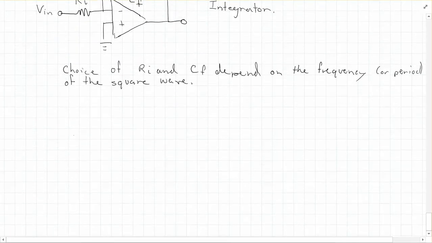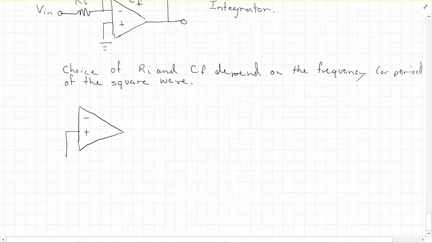So what do we have here? We have our first OpAmp, minus, plus. Oops, that's not what the first stage is. The first stage is my square wave.